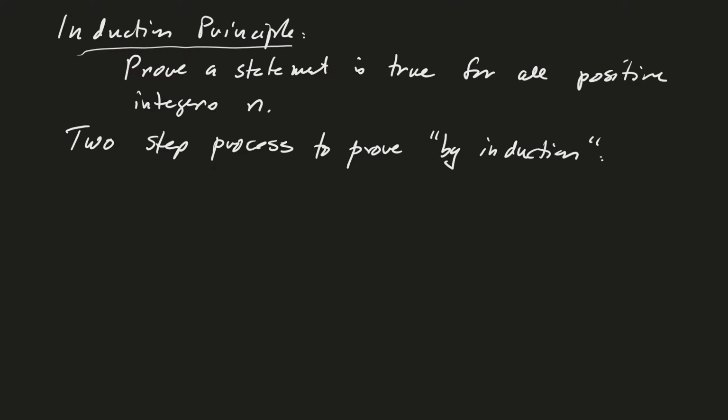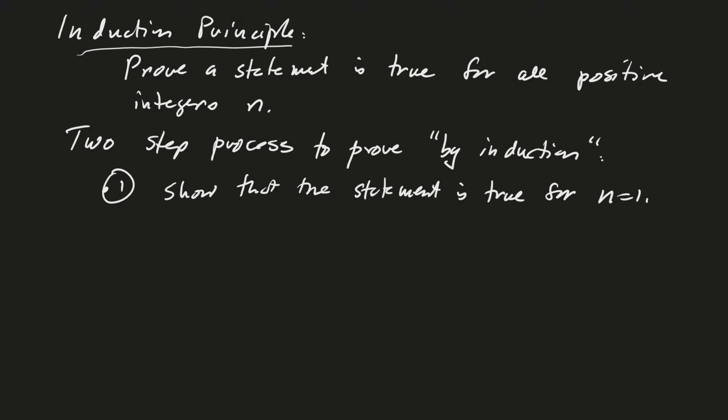Okay. So the first step, let's go ahead and say 1. You want to show that the statement is true for whatever the starting index is, usually 1, like n equals 1.